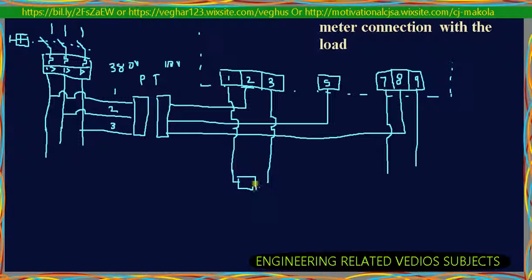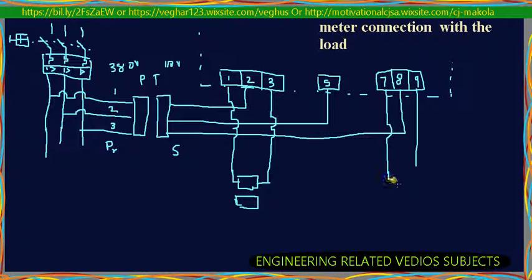A CT is a current transformer. It is able to step down the current from 20 to 5. This side is the primary side, and this side is the secondary side. The same applies here on the CT.